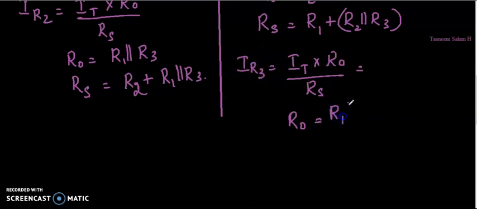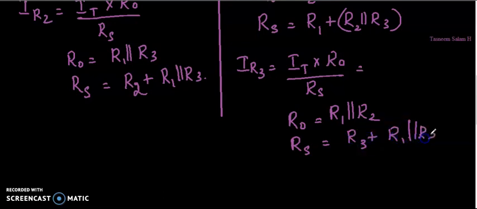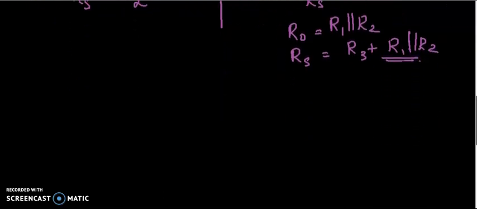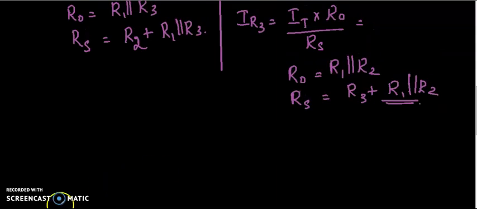Therefore, R0 is equal to R1 parallel R2 and the total resistance Rs is equal to R3 plus R1 parallel R2. So, we can use this rule across any circuit to find the current through a particular branch.